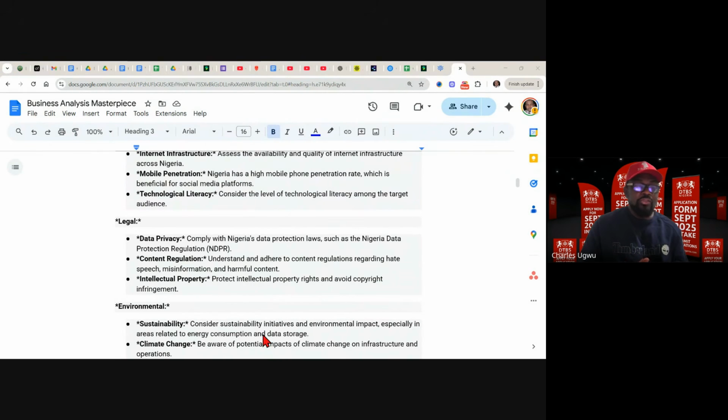And then intellectual property: protect intellectual property rights to avoid copyright issues. Like you see so many of us here in Nigeria, I don't think it's working as it should. I've seen someone on YouTube who is trying to monetize all my videos.